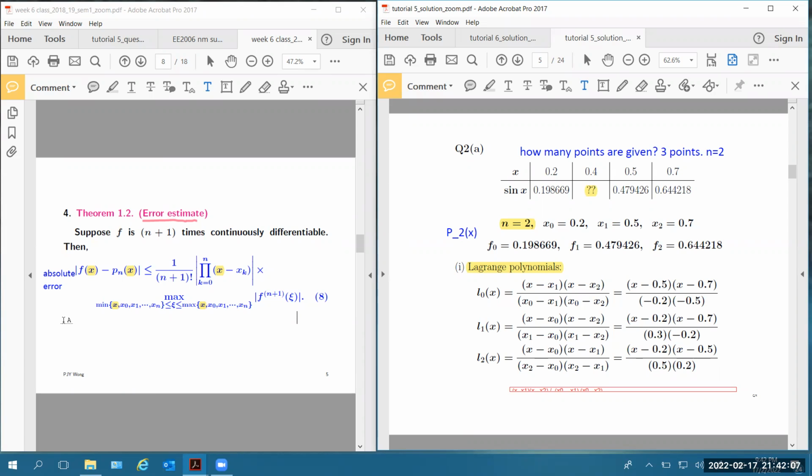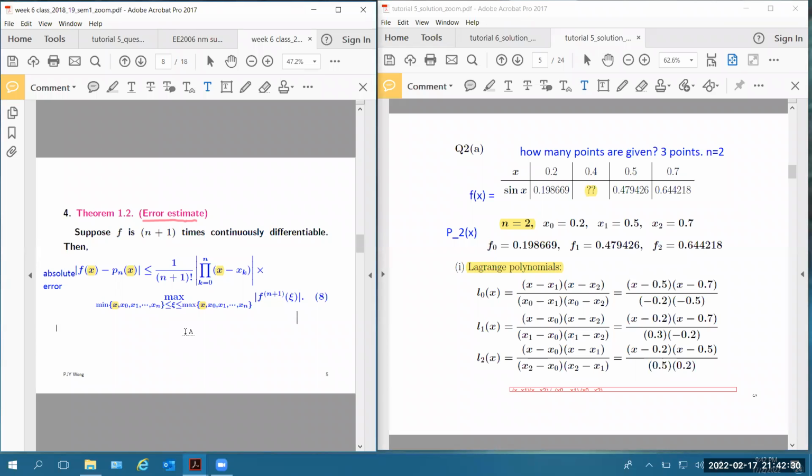So my function here is f(x), and we realize that our function is actually sine x. All right, so let's go and write down this error estimate.